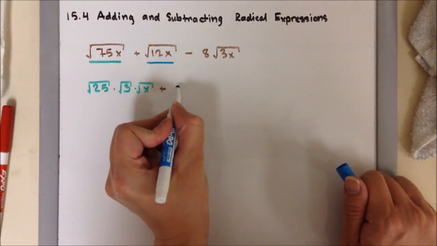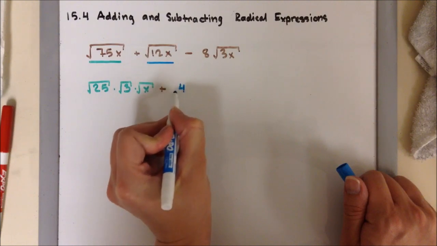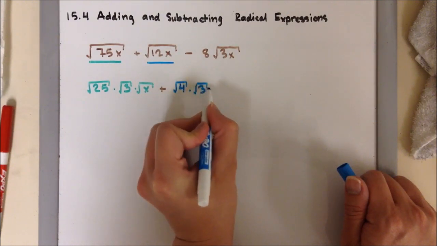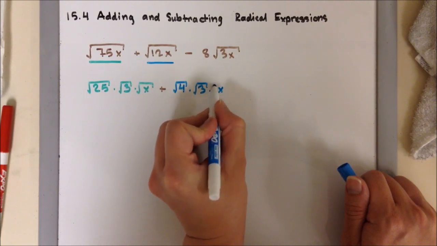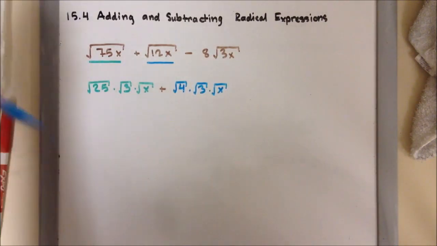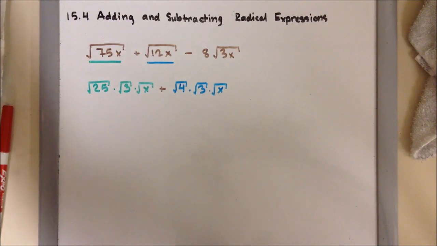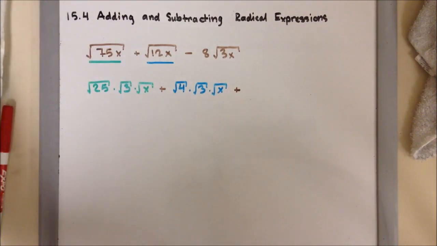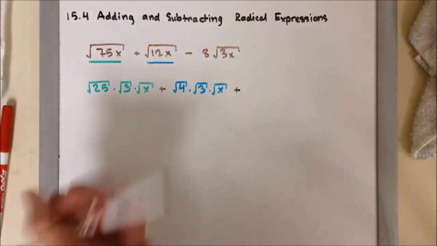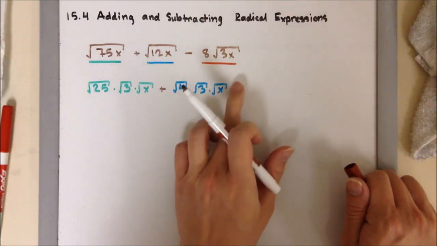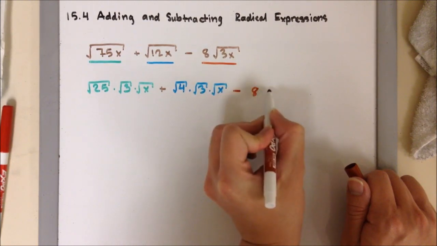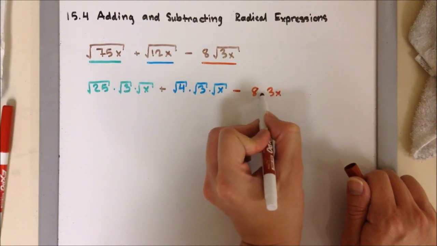So I'm going to have square root of 4 times 3 times square root of x. And lastly, we're going to keep the last radical expression the same because it's in its simplest form. That should be a minus, so minus 8 square root of 3x.